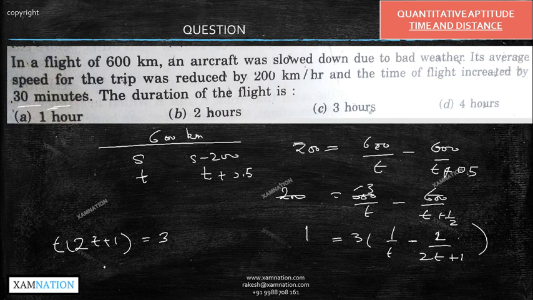So I have 2t square plus t minus 3 equals 0. I need to find the roots of this particular equation. When I solve this, t comes out to be 1. So the duration of flight becomes 1 hour.